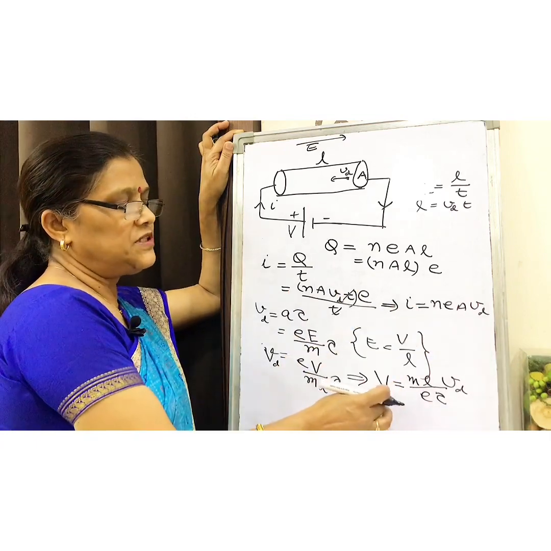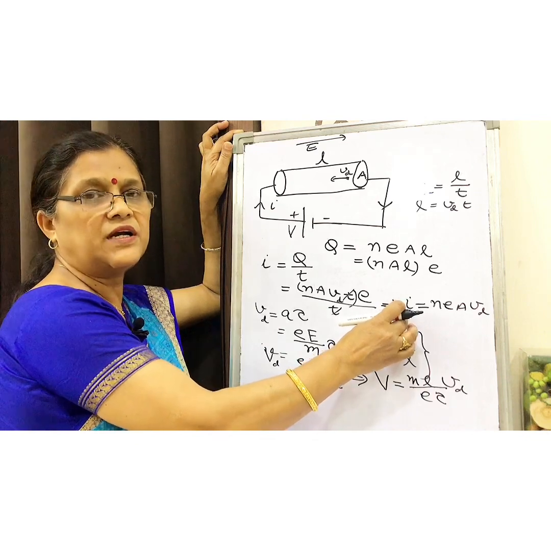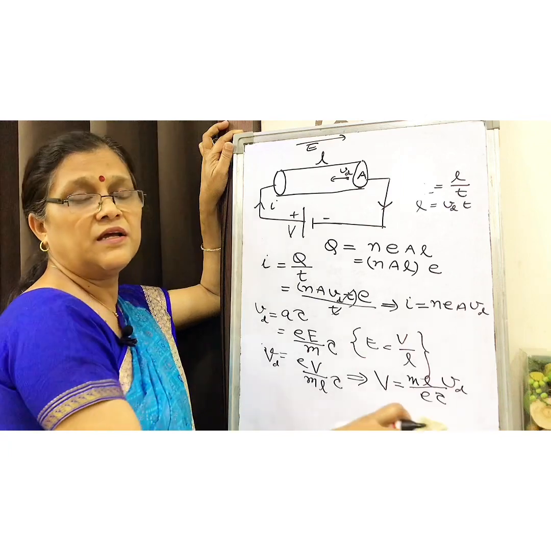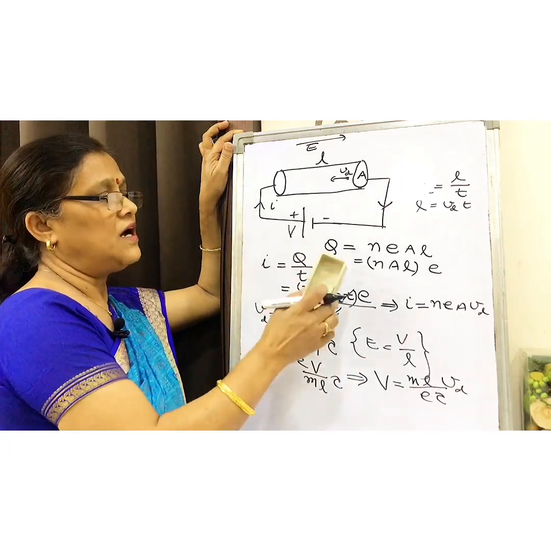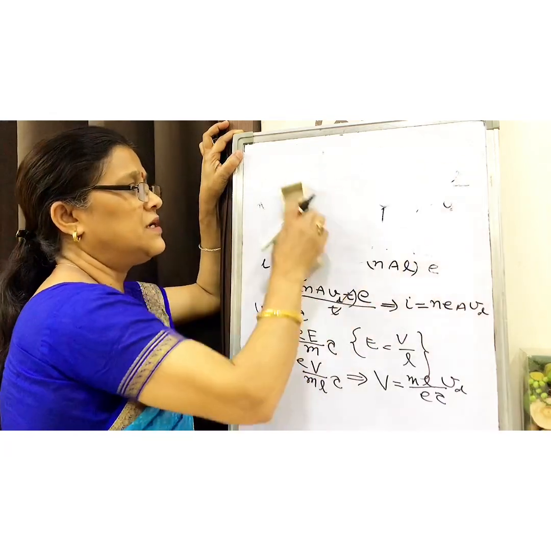Now, this expression gives the potential difference, and this is for the current flowing through the conductor, and we know that V upon I is R. So, what is the resistance of this conductor?